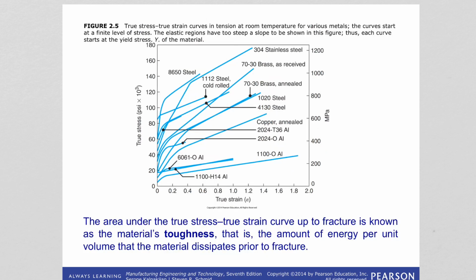Here we are seeing again the true stress strain curves for a variety of metals, and we need to be careful here because the curves start at the yield stress of the materials for all materials, and we can see how the different materials behave differently. For example, steel, aluminum, copper are all located in different regions in the chart.